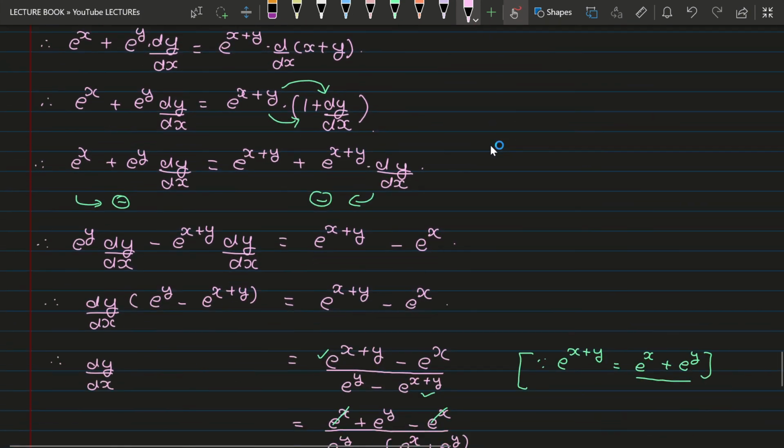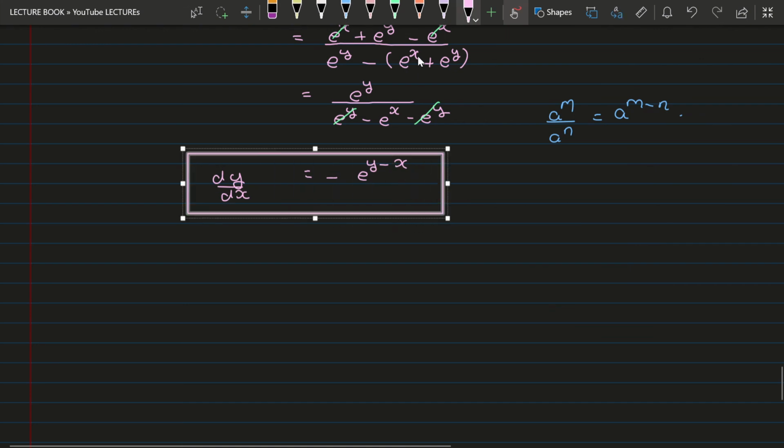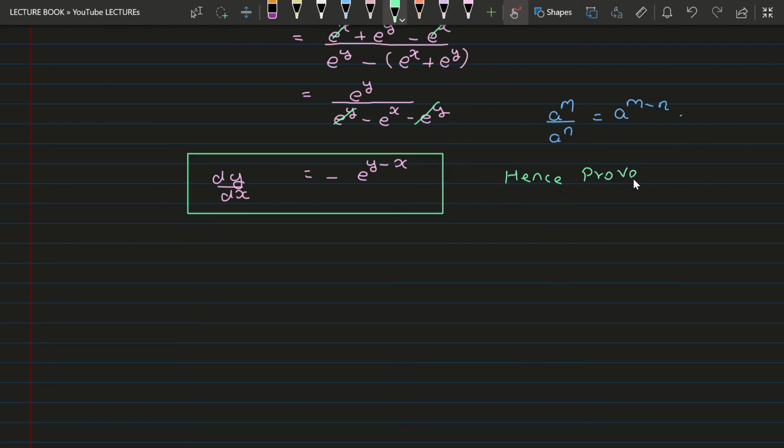Minus e raised to y minus x. So that becomes your dy by dx. Hence proved. I am sure all the sums have been very clear to everybody.